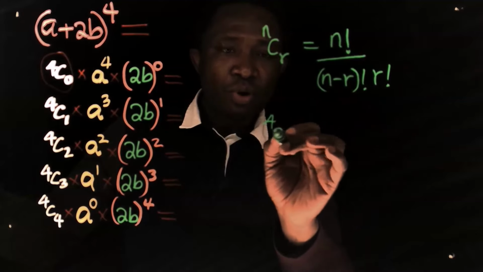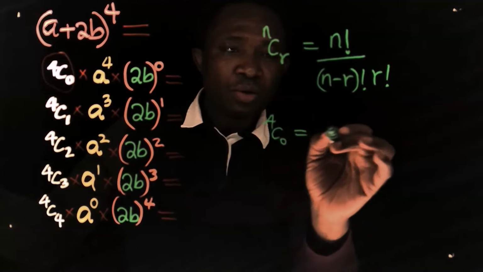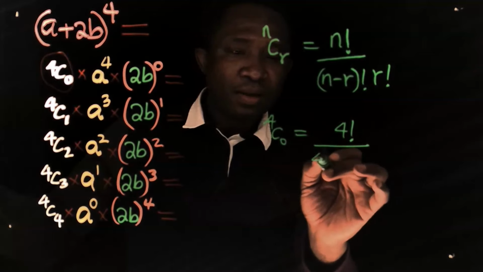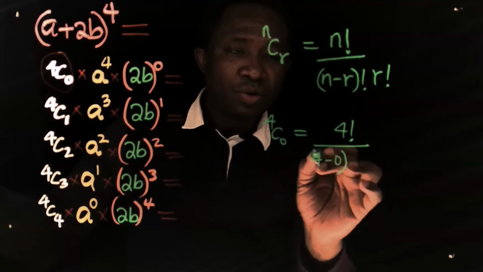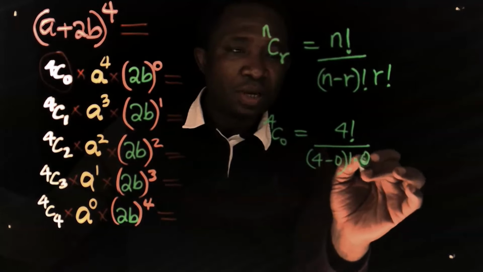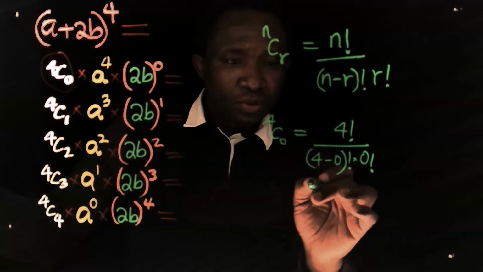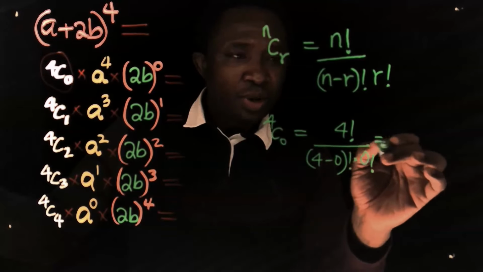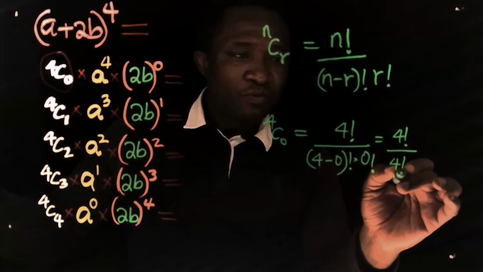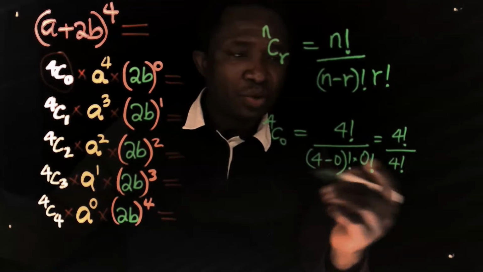Hence, 4 combination 0 will give you 4 factorial divided by (4 minus 0) factorial times 0 factorial. And you will have 4 factorial divided by 4 factorial. 4 minus 0 is 4.